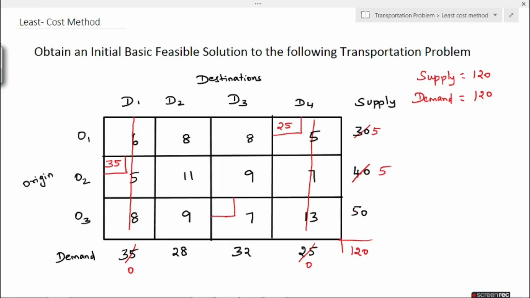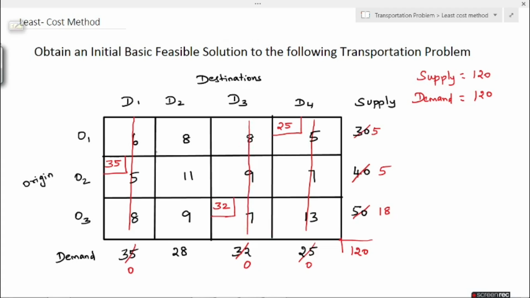The least value is 32, so we allocate 32. Now subtract demand and supply: 32 minus 32 is 0, and 50 minus 32 is 18. Again this allocation satisfies the demand value, so we cancel the corresponding column.